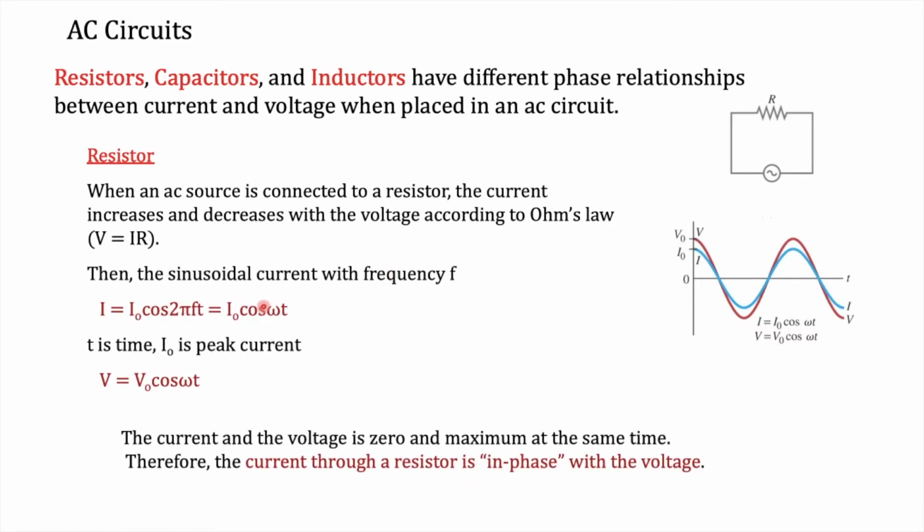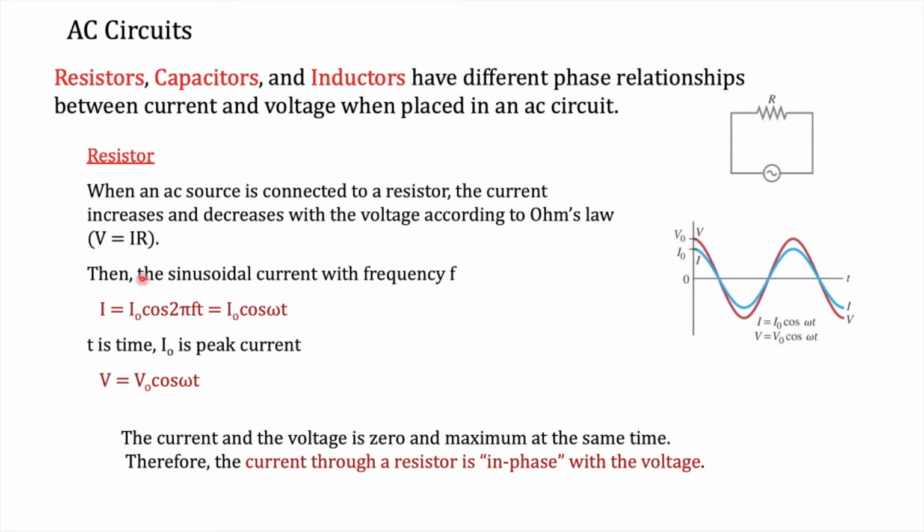The equation of the sinusoidal current that has frequency f, meaning how many oscillations per second, how many times they oscillate in 1 second, that's f. So the sinusoidal current equation is I equals I naught cosine omega t. Again, I naught is the constant for this graph, also known as the peak current, and V naught is the peak voltage.